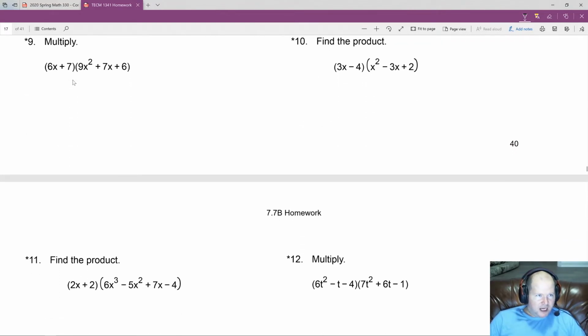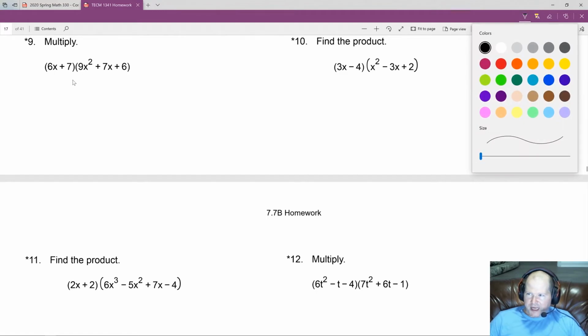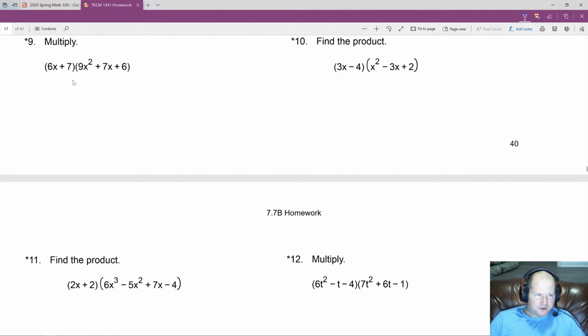So next we're going to multiply a binomial by a trinomial. Same kind of process, but make sure you multiply everything within the first set of parentheses by everything within the second set of parentheses. So first we're going to distribute the first term to the second set of parentheses. We're going to say 6x times 9x squared. 6 times 9 is 54, and x to the implied first power times x to the 2nd power is going to give me x to the 3rd power, because 1 plus 2 is 3.